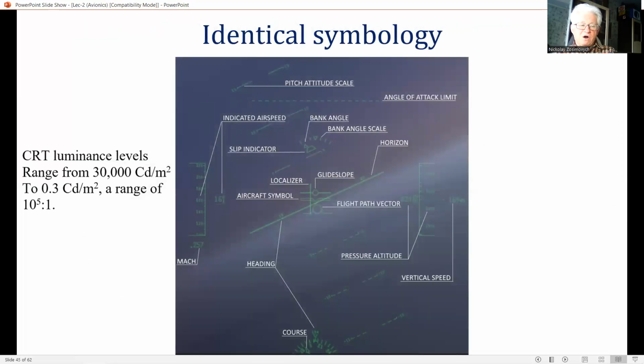The appearance of raster-generated symbology can differ significantly from stroke written symbology, and pilots wish to see identical symbology night or day. A fast cursive display system is thus used in night mode operations, whereby the cursive symbology is drawn at high speed during the raster fly-back interval.